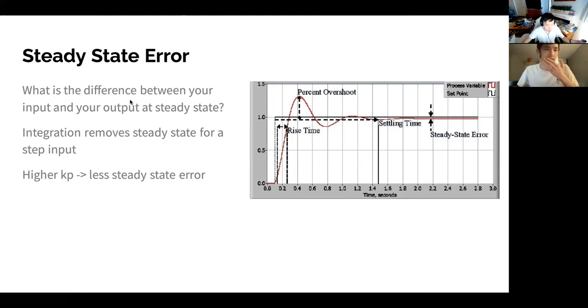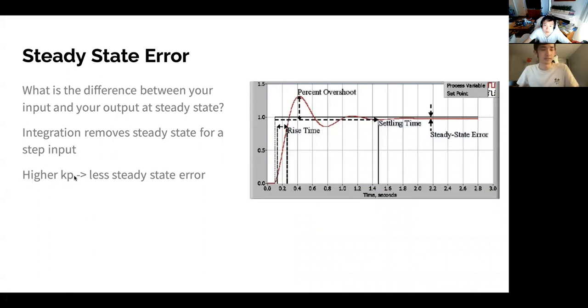Steady state error is the difference between your input and your output at steady state. We're going to talk about this in a second, but integration of your error allows you to remove steady state error. And this makes sense because if you have some kind of bias and it integrates, you're constantly counting these errors, and your drone will start to compensate for it and exert acceleration in the other direction.